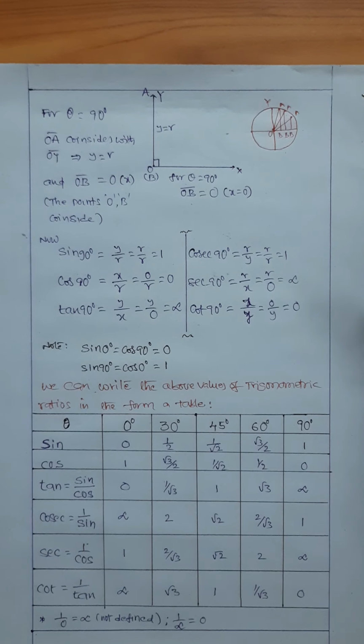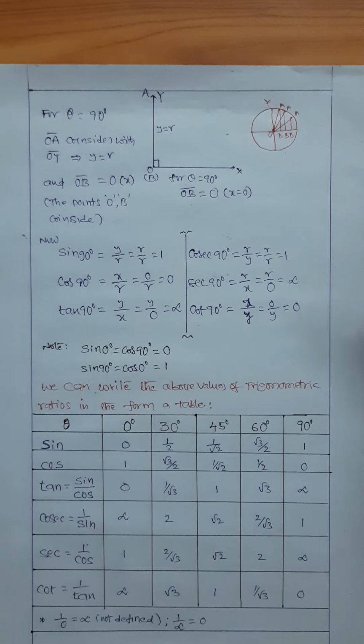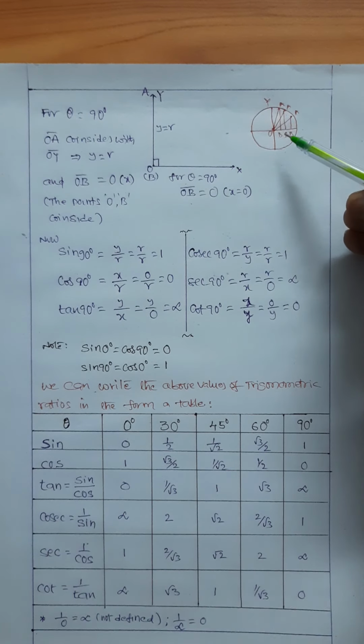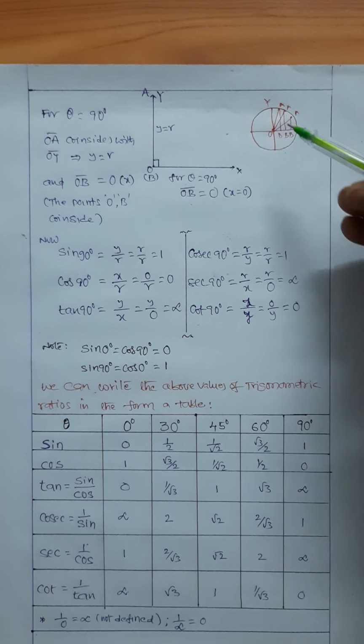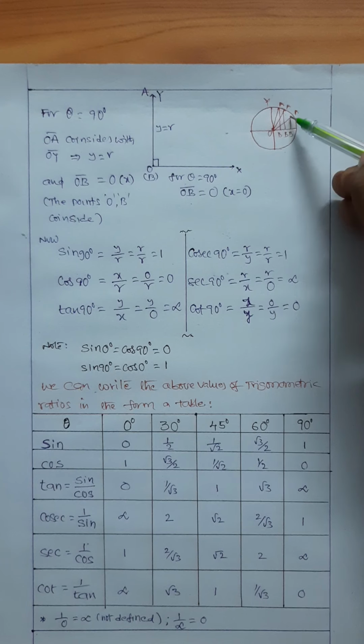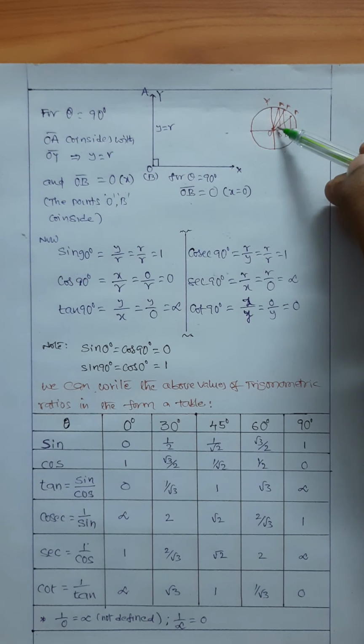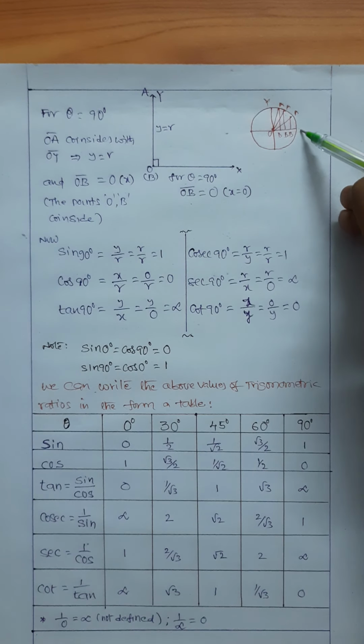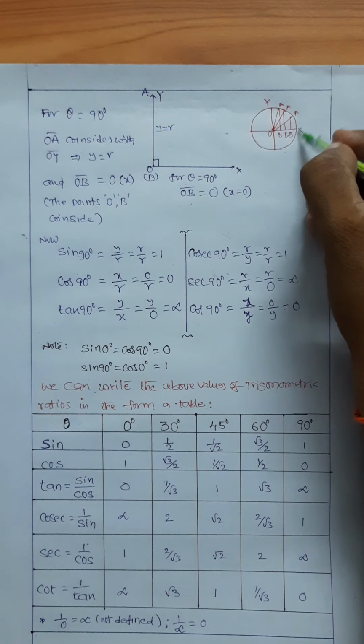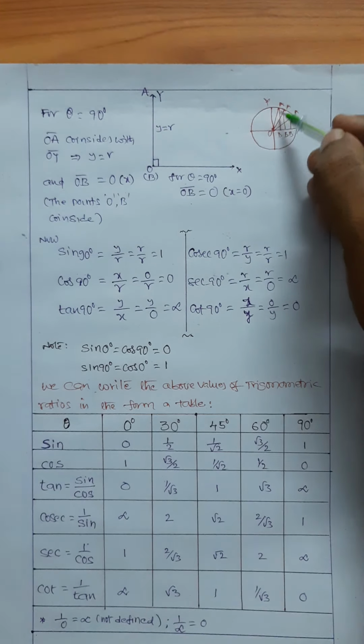Now we will see what happens when theta is equal to 90 degrees. As we said earlier, when theta decreases, OA comes towards the x-axis. As theta increases, OA reaches OY like this.